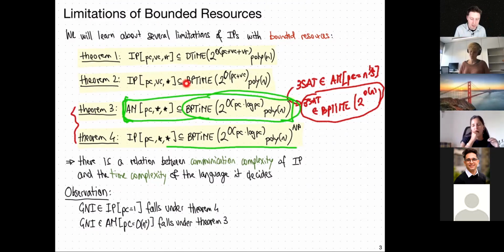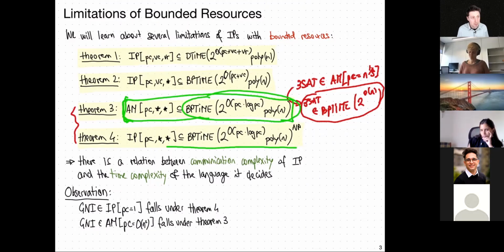So as you go up, you have more and more constraints in order to derive the bad news. But either way, they're all telling you that if you have few resources, the language is easier and easier to decide. And so if your language was hard, for example, 3SAT is believed to be exponentially hard, then that imposes limitations on what kind of things you can hope for on the left-hand side.